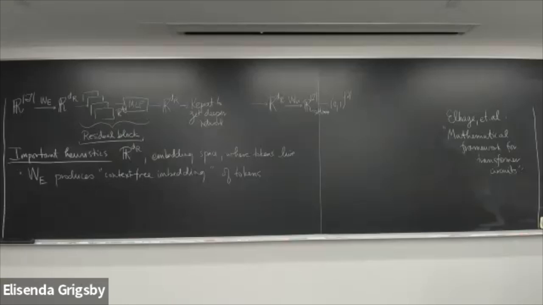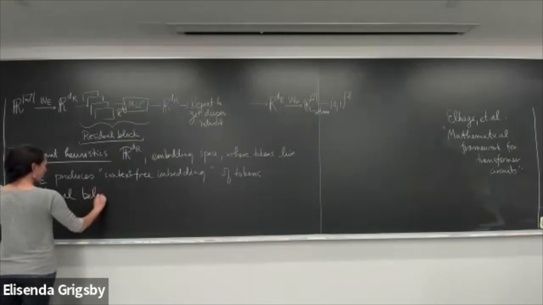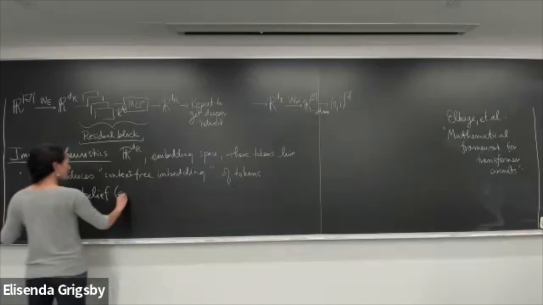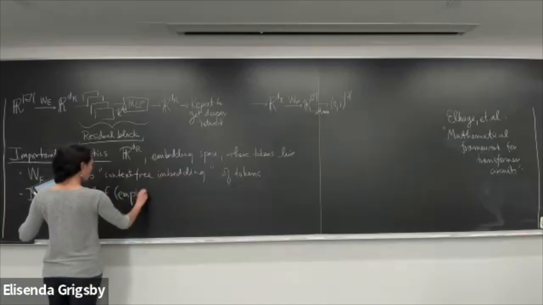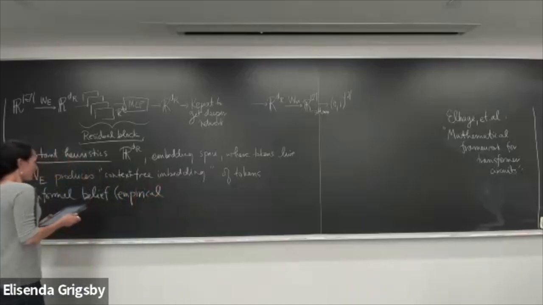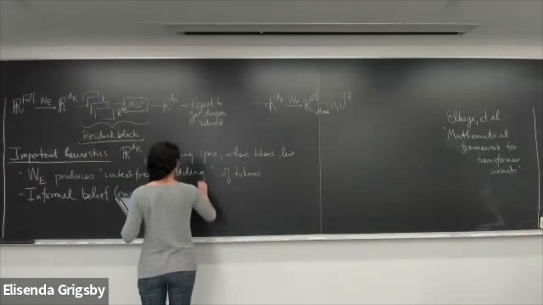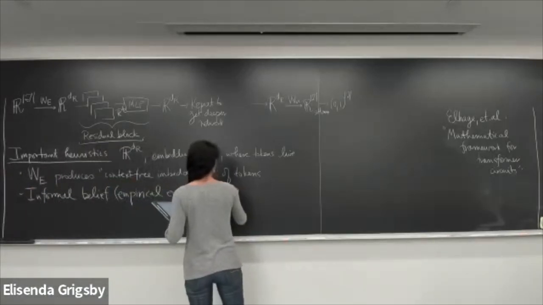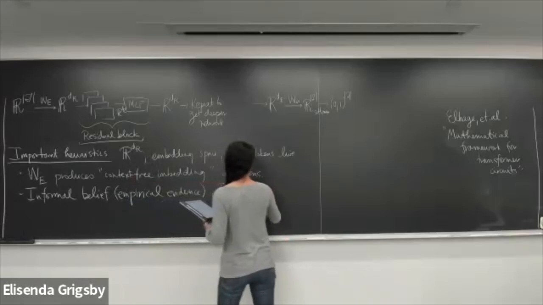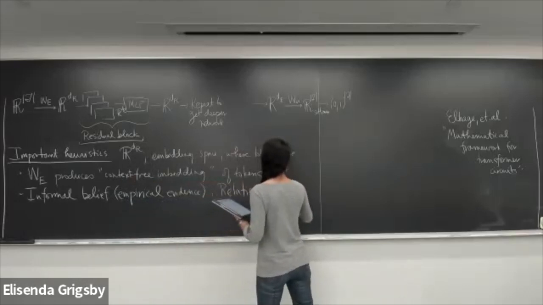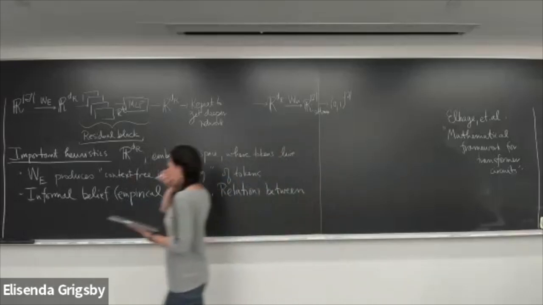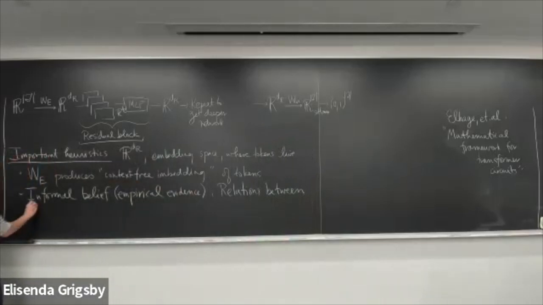So the sort of informal belief, and again this is purely empirical, there's empirical evidence that the relations between tokens can be captured by the geometry in the space.